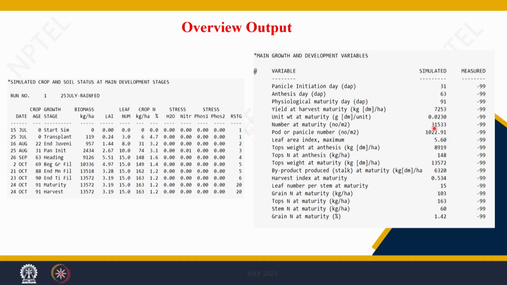meter square is 31,533, and the number of panicles per meter square is 1022, and the tops weight at flowering, and the tops N at anthesis, how much nitrogen, tops weight at maturity, and the byproduct, the straw weight at maturity, 6320 kg per hectare, harvest index 0.534, leaf number per stem at maturity, then grain N at maturity, grain nitrogen uptake, tops nitrogen, total nitrogen uptake at maturity 163, stem nitrogen, that is 60, grain N content 1.42.